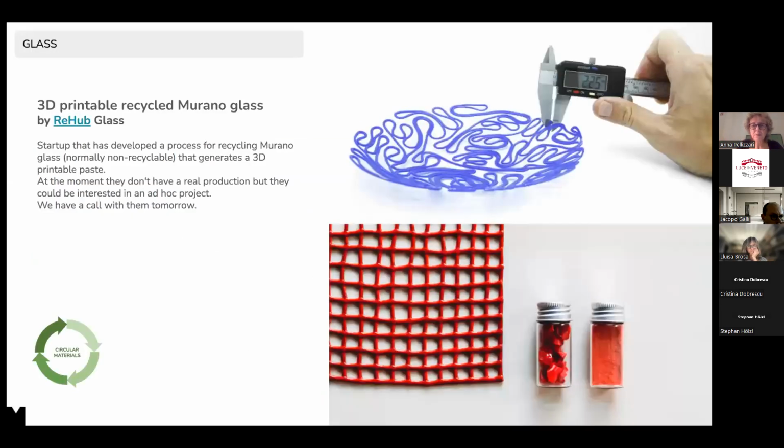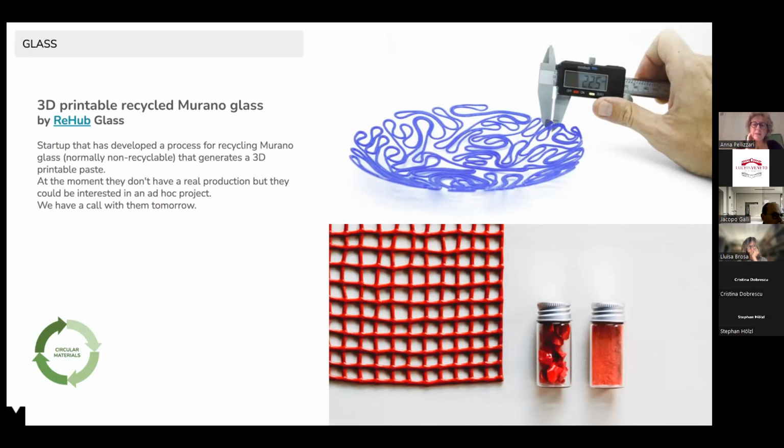A couple of examples. When it comes, again, to circular material, this is a project that involves Murano glass blowing artisans. Blown glass cannot be recycled because of the pigments and mineral additives that are used to create colors or particular effects. So that would normally be landfilled. Of course, it cannot be incinerated. It is glass.